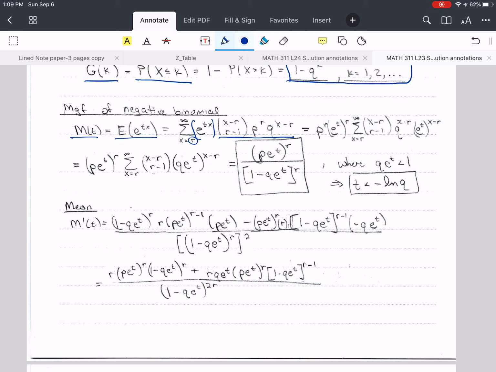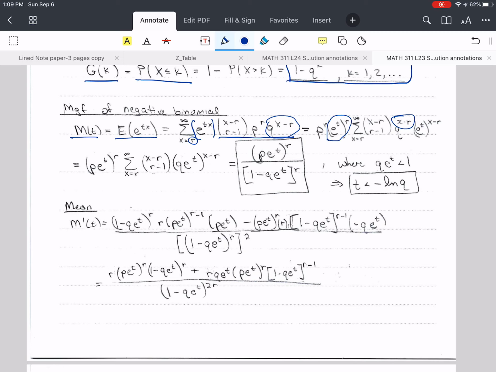Okay, so we've done a trick here where we've taken e raised to the tx, and we've noticed that we have q raised to the x minus r. And so we want to combine e with the x minus r, but to get x minus r, we have more than that. We have x. So what we do is we break out x minus r, and then the difference is e to the t raised to the r.